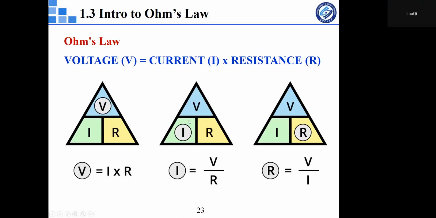The second, current is equal to voltage divided by resistance. And the last, the resistance is equal to the voltage divided by current. So when you change one of these in a circuit, it affects the others.